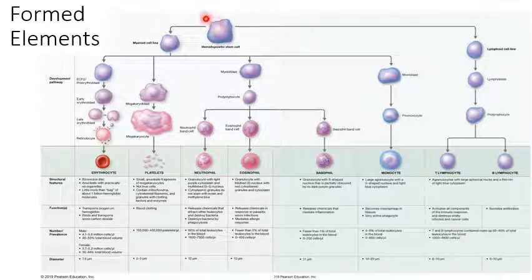If it starts differentiating the other way, then it can make your other types of white blood cells, or the platelets, or the erythrocytes. So here, I guess this all would be erythropoiesis, then this is thrombopoiesis, and then this is leukopoiesis.